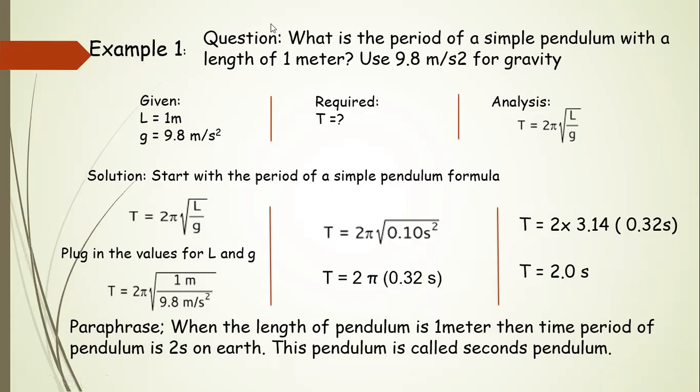So on Earth, when the pendulum has a length of 1 meter and a time period of 2 seconds, this pendulum is called a seconds pendulum. Whenever you come across a question on a seconds pendulum, you must remember that the time period is 2 seconds and the length is 1 meter. It may not be given in your question, but you must remember it.